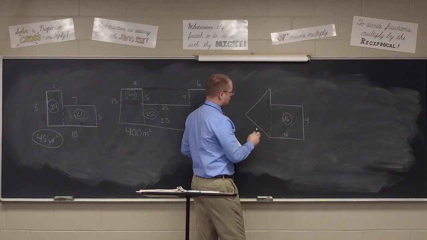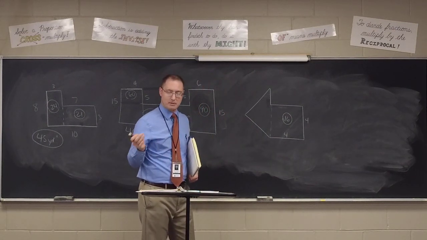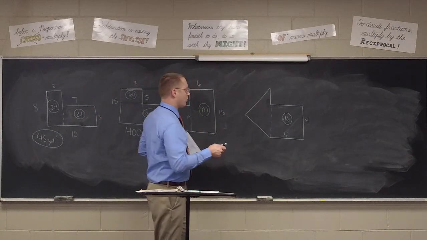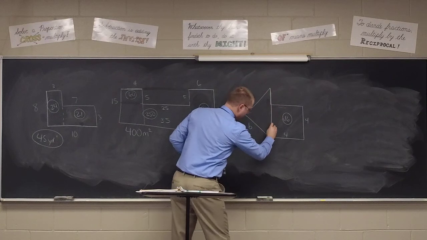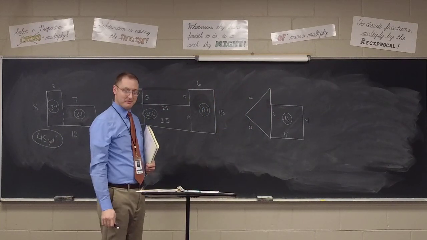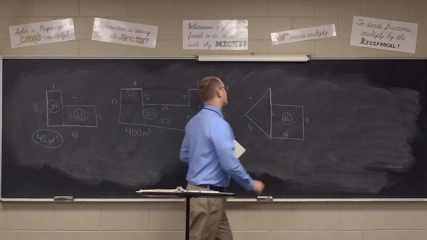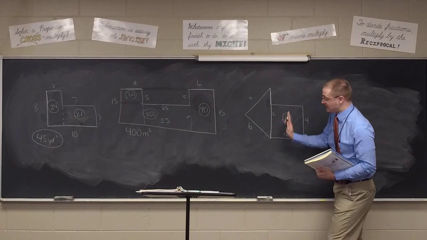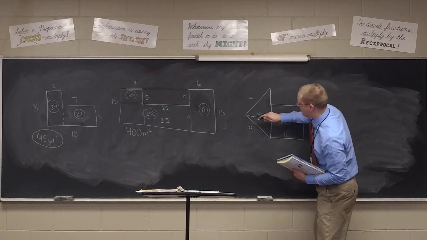But with this triangle, now we know the area of a triangle is half base times altitude, right? Which side, A, B, or C, did you call the base? The longest one? Right, you would have to look at it kind of sideways so that you could have your altitude here.